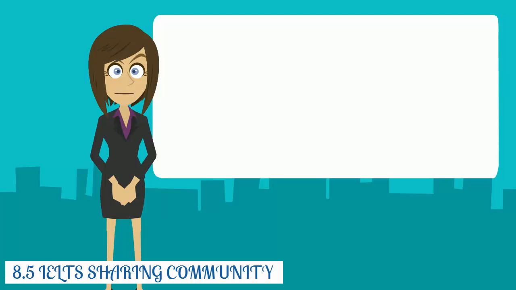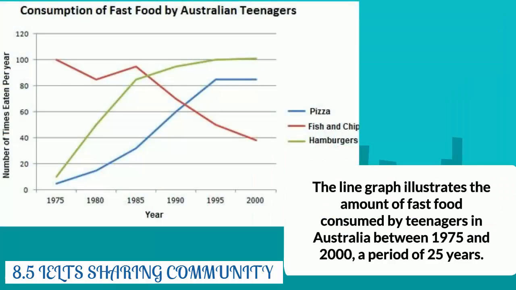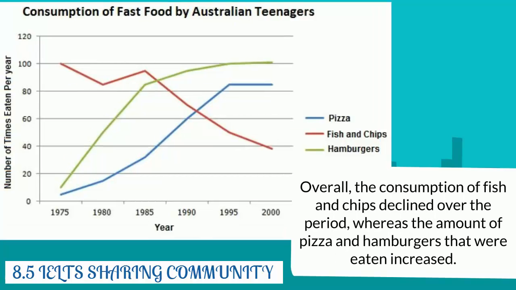Example: the line graph illustrates the amount of fast food consumed by teenagers in Australia between 1975 and 2000, a period of 25 years. Overall, the consumption of fish and chips declined over the period, whereas the amount of pizza and hamburgers that were eaten increased.